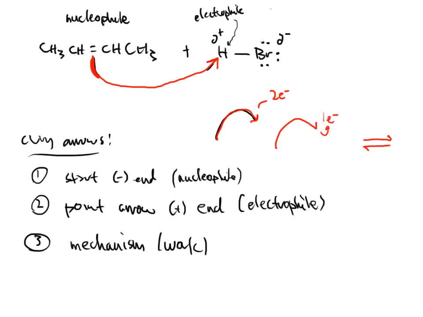Curvy arrows are representing the flow of electrons. Either 2 electrons, as in the curvy arrow to the left, or 1 electron for the curvy arrow on the right. So we're getting ready to talk about mechanisms. We're getting ready to talk about individual steps of reactions.